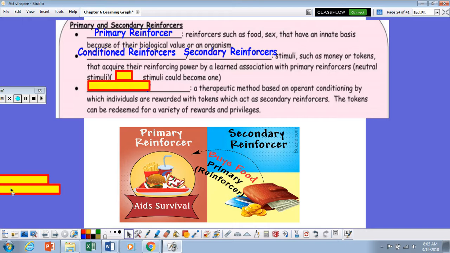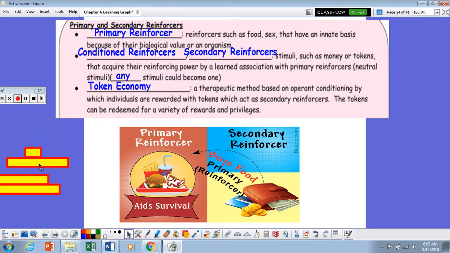These are things like money that can acquire reinforcing power by a learned association with the primary reinforcers, some kind of neutral stimuli or any kind of stimuli that can become one. So if you're in an elementary classroom, that could be a sticker by all means.